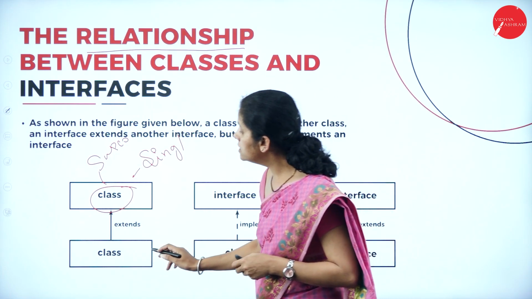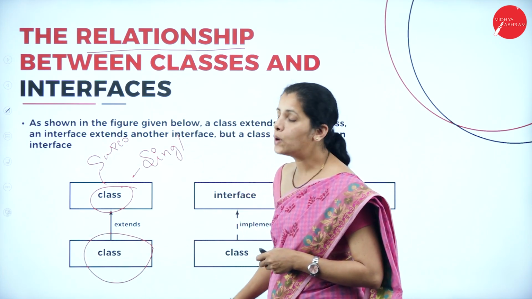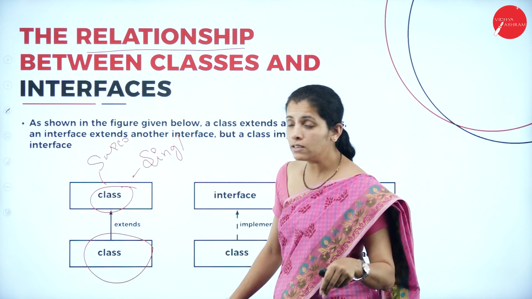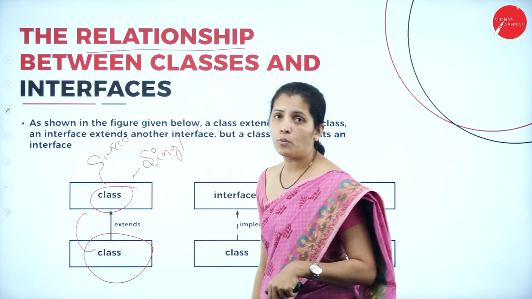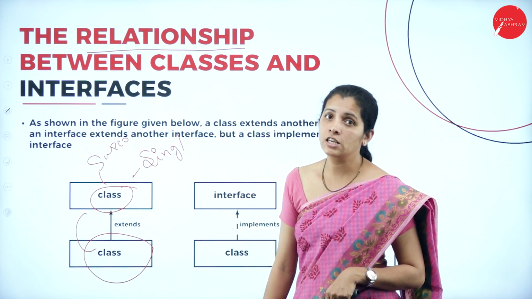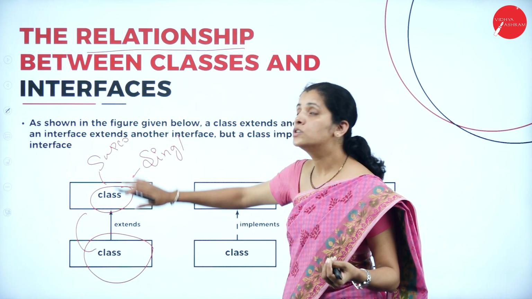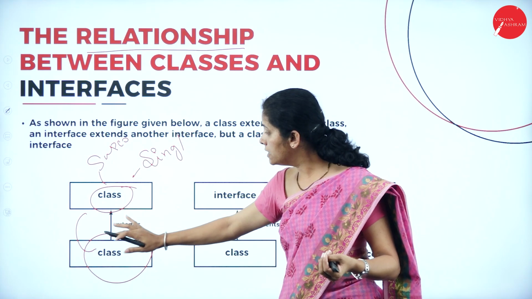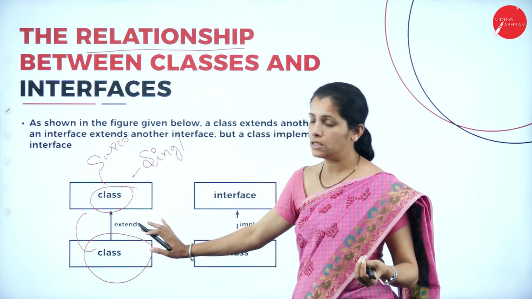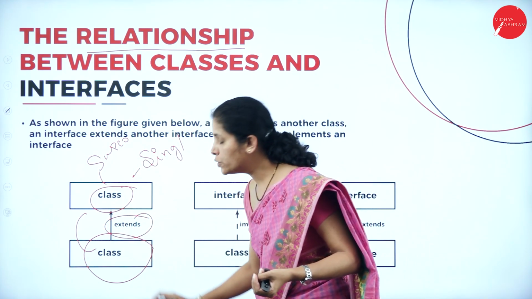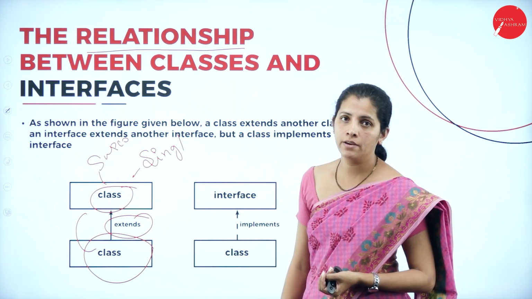That means this child class is going to acquire all the properties as well as functionalities and behavior of the superclass. For that, I am going to use the extends keyword.